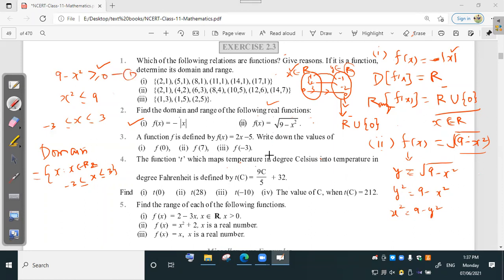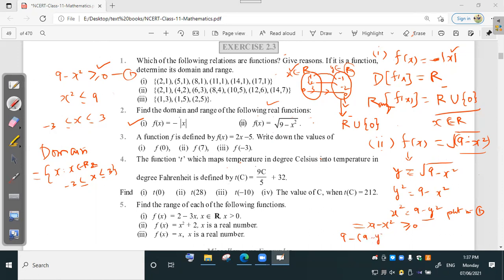You can use this equation, or you can use that the square of any number is always greater than or equal to 0. Okay, so 9 minus x square, we put it first only to check, because we have to associate this value of y with the value of x. That's why 9 minus x square, and x square is 9 minus y square.